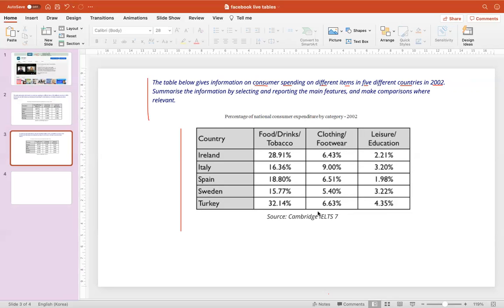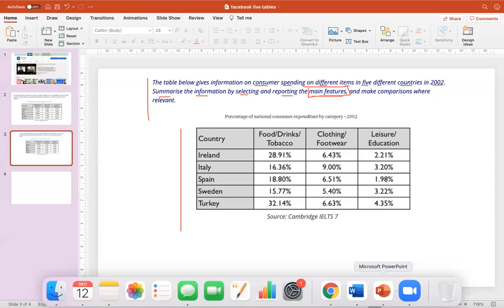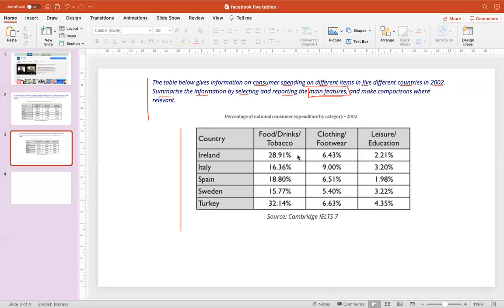Your job is to summarize this information by selecting and reporting the main features. Okay, so this is the key. This is a keyword, key point, main features. You cannot talk about everything, all right?